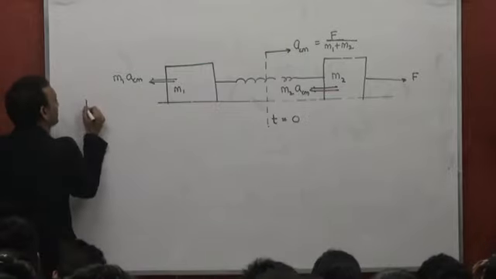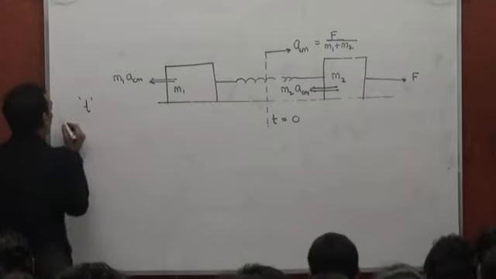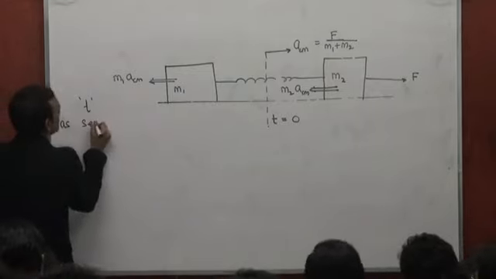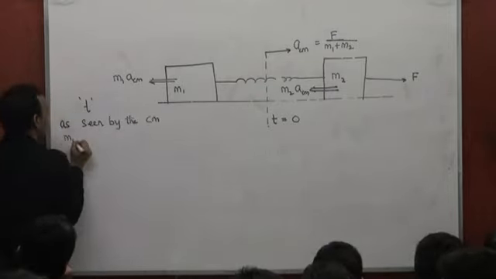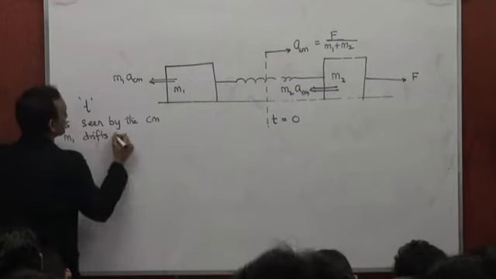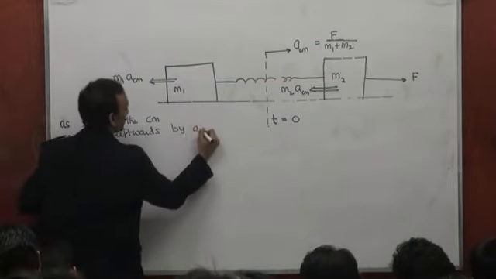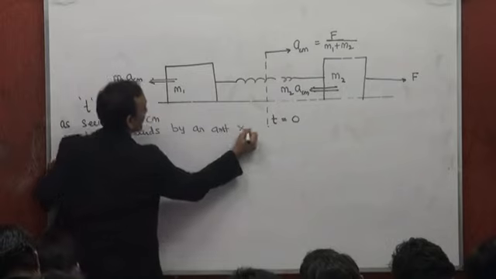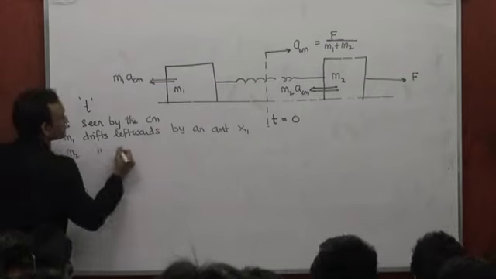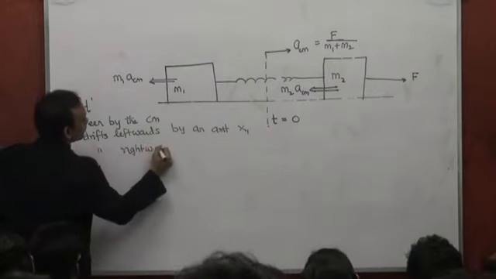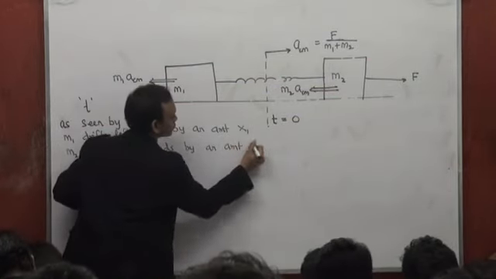Let's say at an instant of time t, as seen by the center of mass, m1 drifts leftwards by an amount x1 and m2 drifts rightwards by an amount x2.